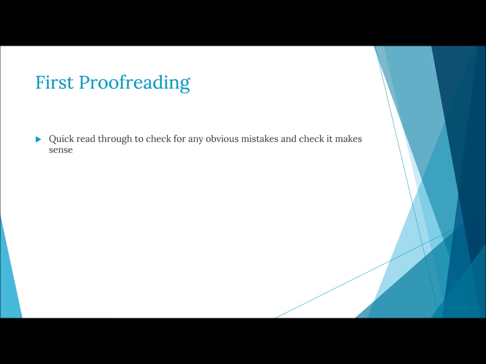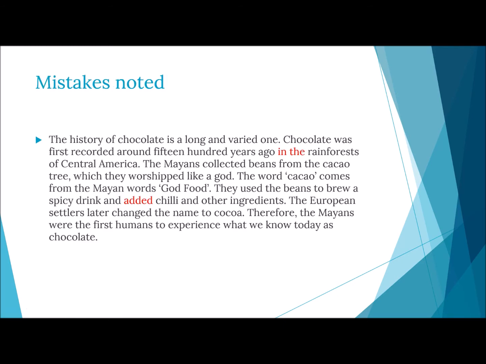I'm going to do the first proofreading, so I'm going to have a quick read through to check for any obvious mistakes, check it all makes sense. When I've done the final piece, I can do a second proofreading. So let's have a look. Did you spot any mistakes earlier? There were 2 actual mistakes there.